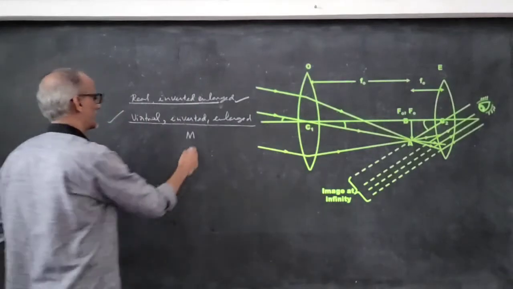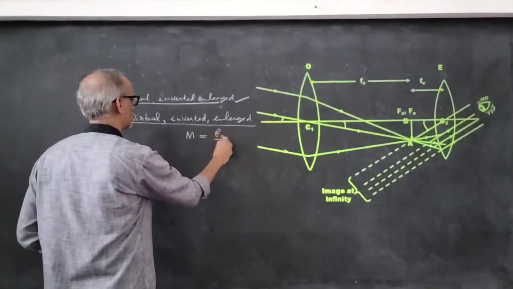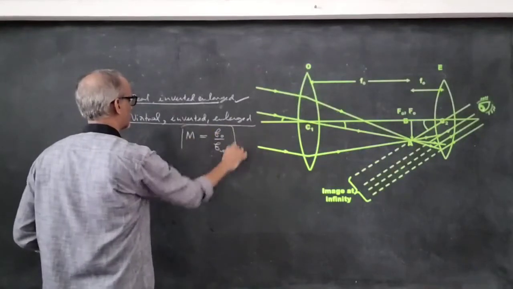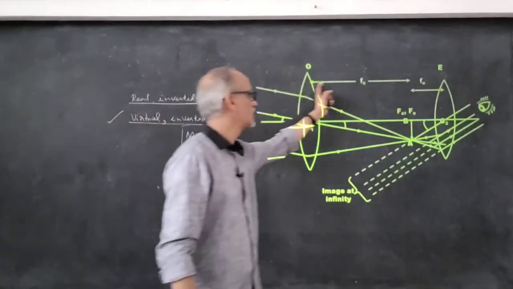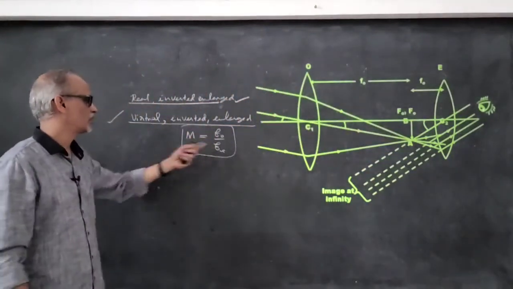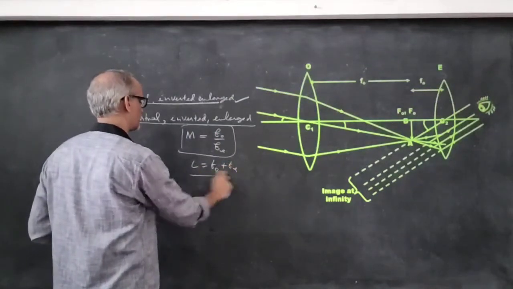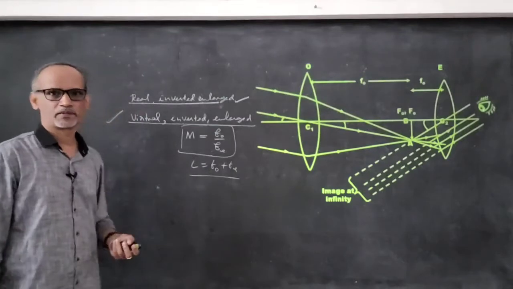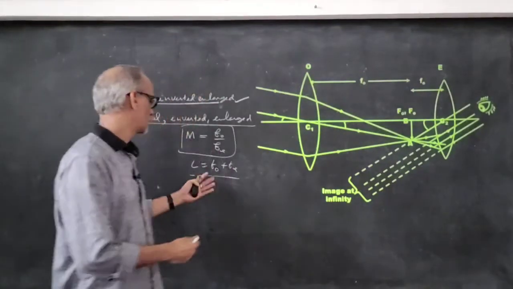So, what is the formula for magnifying power? The magnifying power is ratio of focal length of the objective to the focal length of the eyepiece, because focal length of the objective is always larger compared to the focal length of the eyepiece. So, it is FO by FE, and the length of the instrument is FO plus FE. The sum of the focal length of the objective and the focal length of the eyepiece.